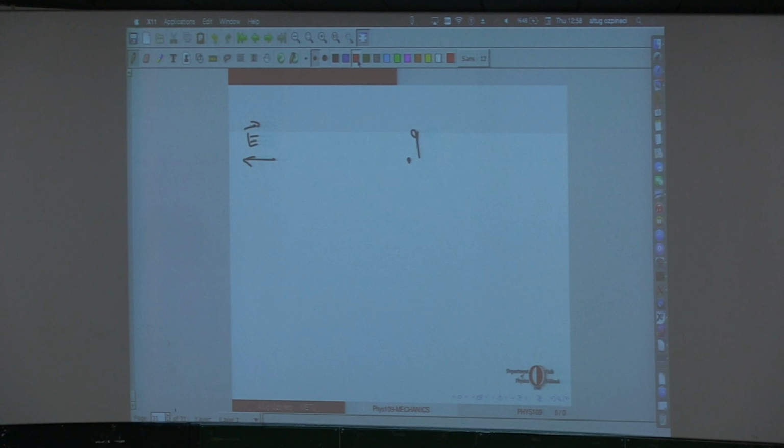Now, if we just displace this charge, let's say if we just move it here, for some time the electric field here will still stay in the same direction for a very short amount of time. But eventually, the electric field here will also rotate in that direction.